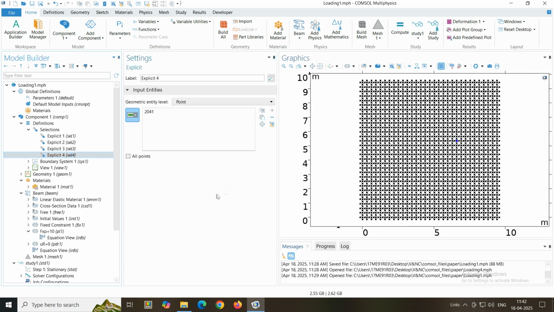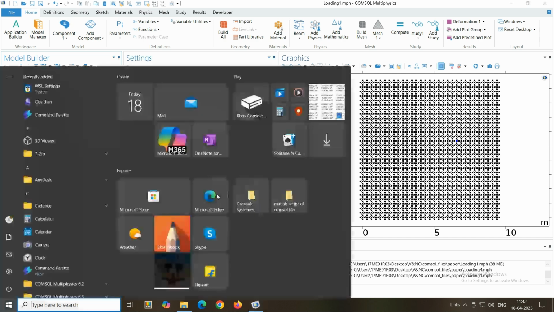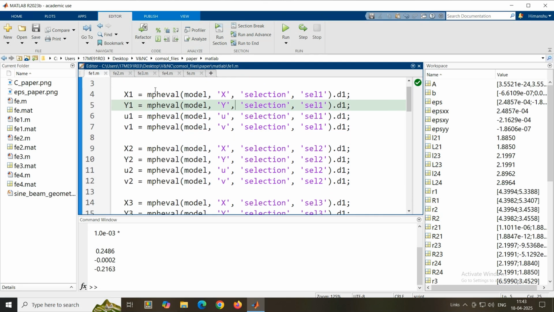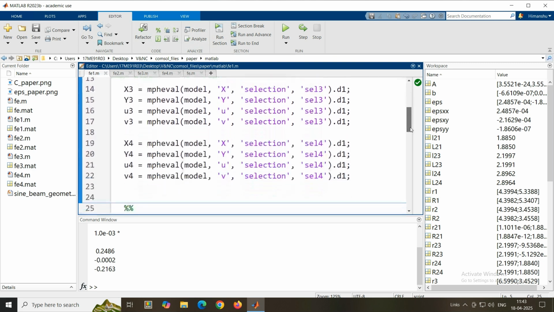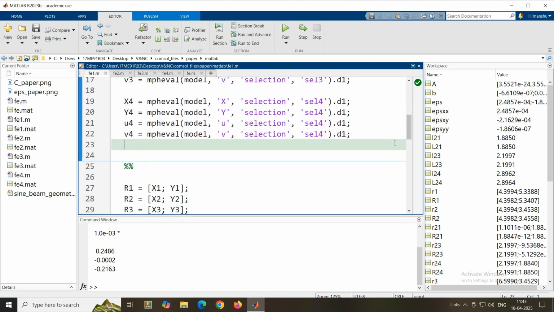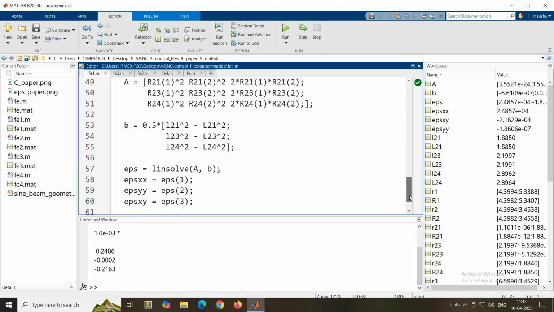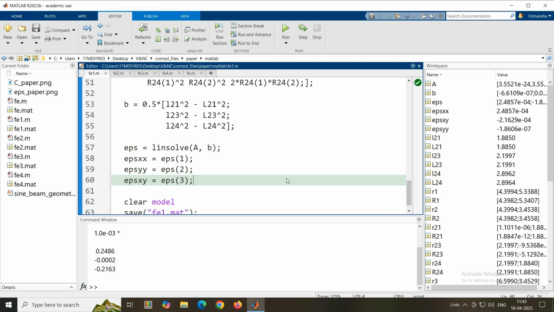To obtain the displacements, I'm using COMSOL LiveLink for MATLAB, which basically interfaces MATLAB with COMSOL. It will first read the particular file, then obtain the displacement and the original coordinates of those locations. From there, we can find the strain for this particular case.